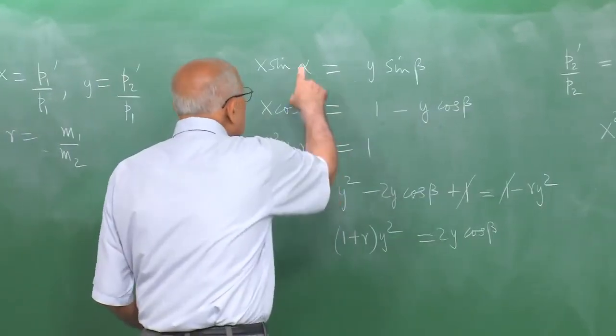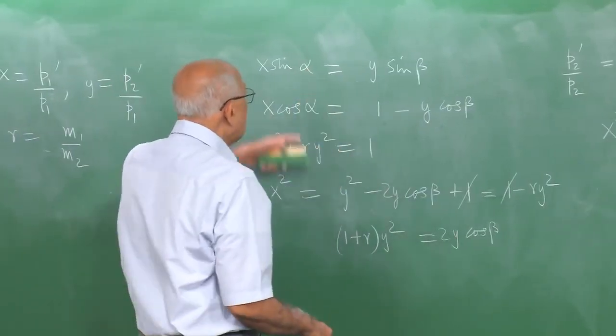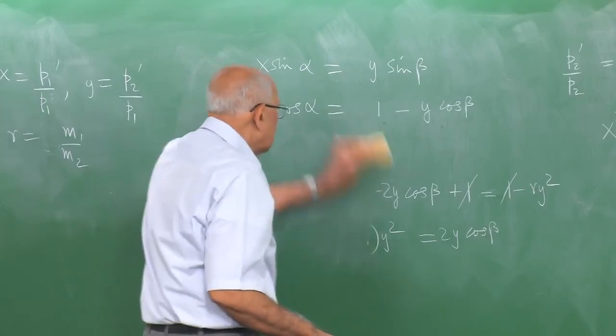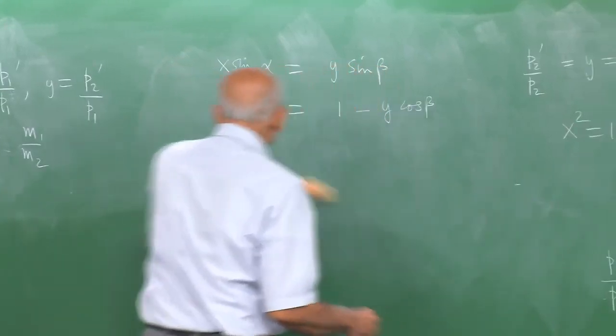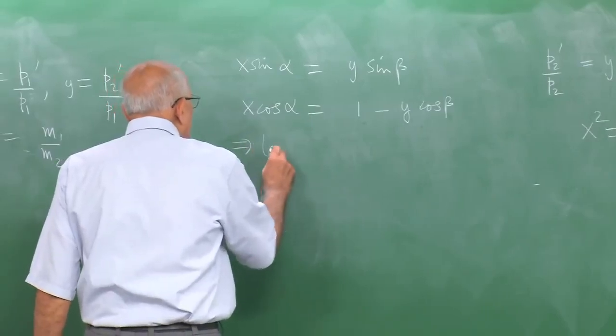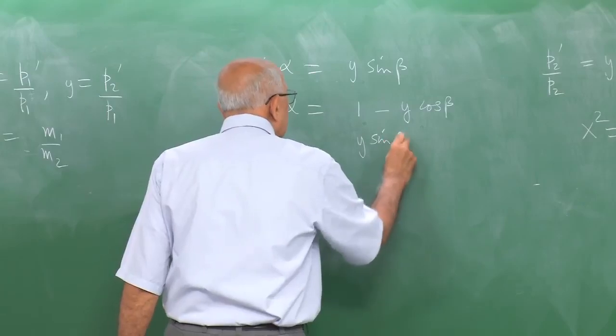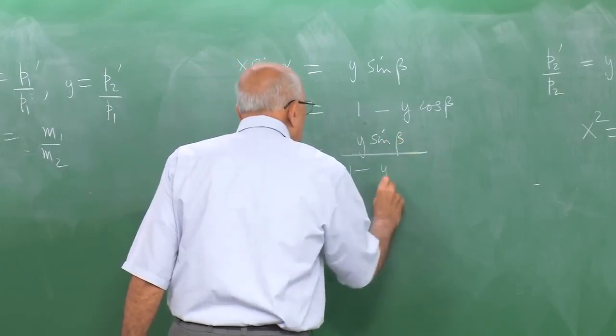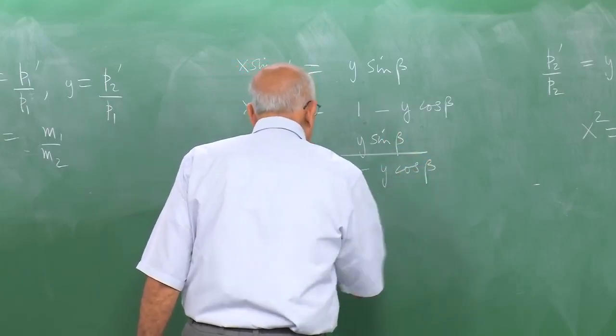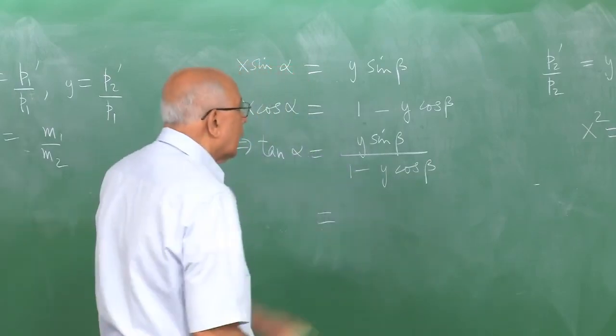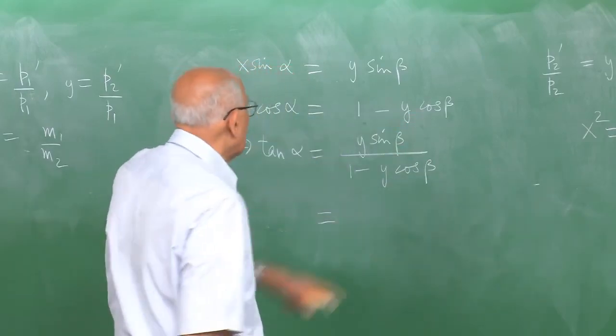From these two equations, the tangent of alpha is immediately found. So, these two imply that tangent alpha equal to y sine beta over 1 minus y cosine beta, and this is equal to, again we use the solution for y as 2 cos beta over 1 plus r.